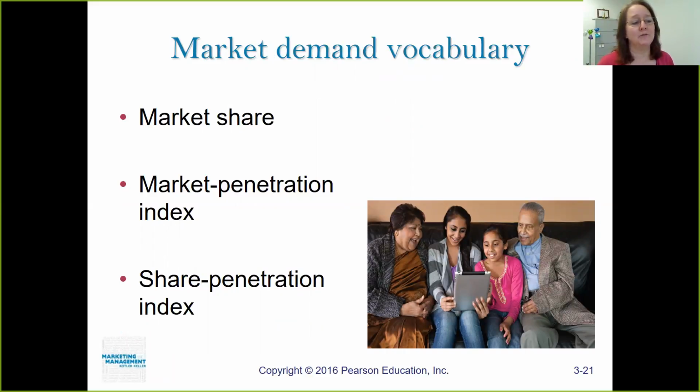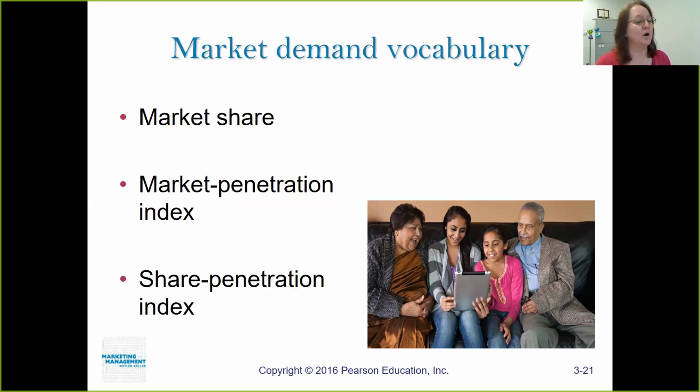Other marketing demand vocabulary is market share. So market share is what percentage of all the sales in your industry do you have. Market penetration index means you're comparing current and potential levels of market demand.